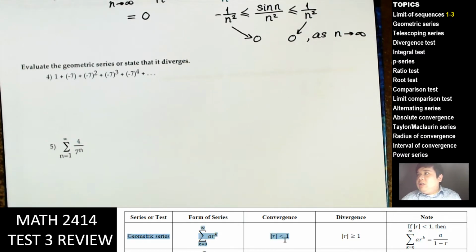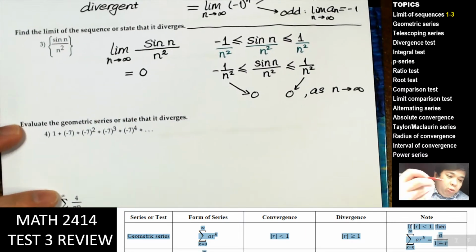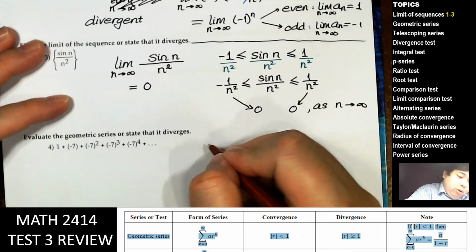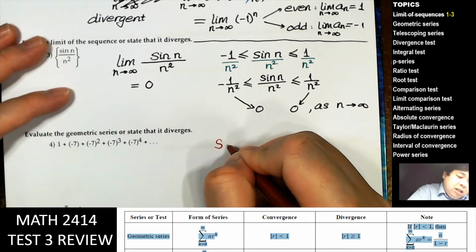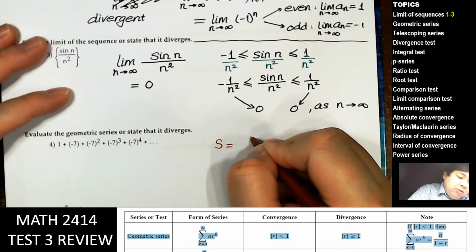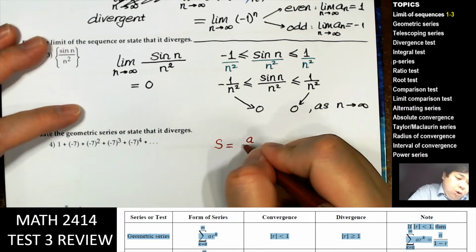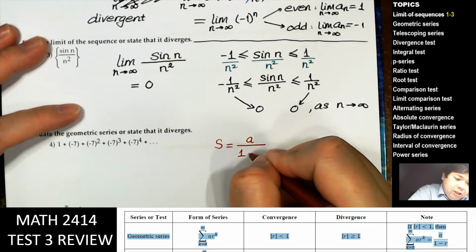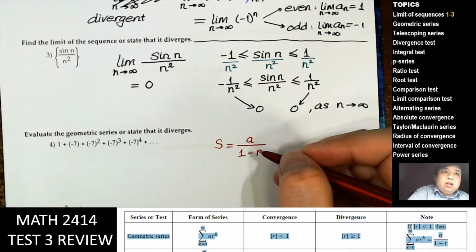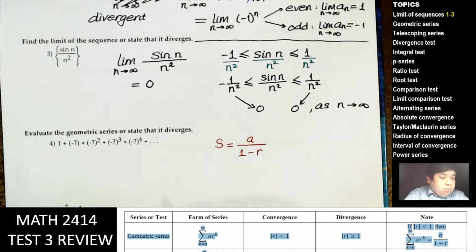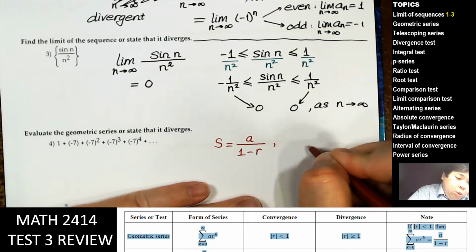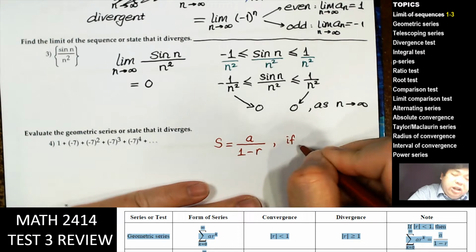So this is the infinite geometric series. Alright, I'll write what we need here. The sum of a geometric series, I'll say the sum is S, is equal to the first term a over 1 minus r. a is the first term, r is the common ratio, but only when r is between -1 and 1.